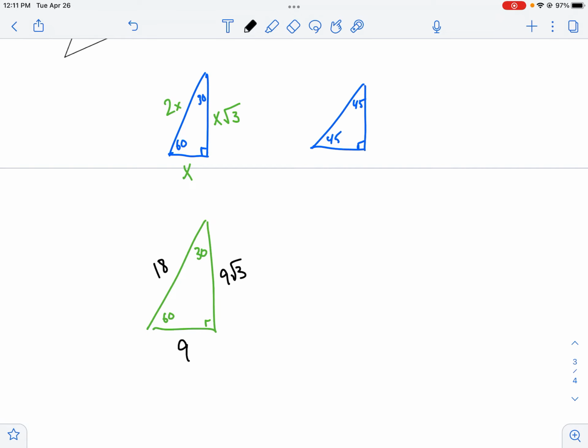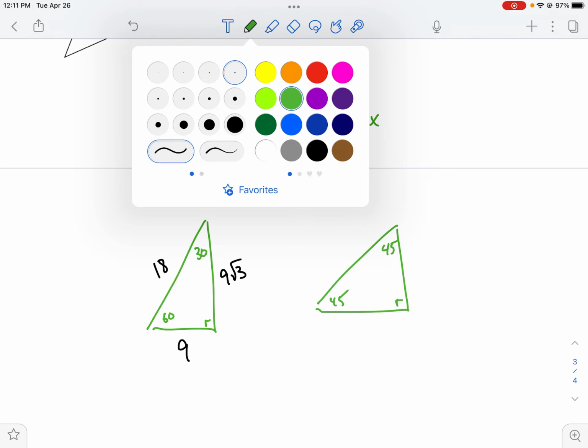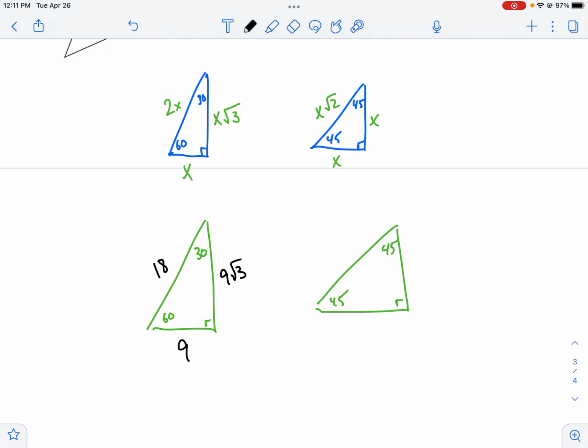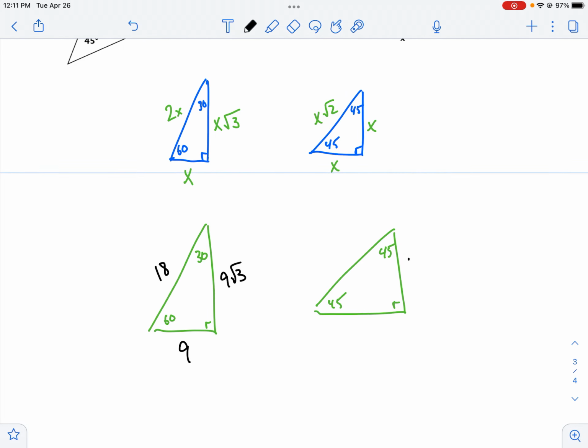With the 45, 45, 90, we have some similar relationships there as well. We call this side x, then we would call this side x, and we would call this x square roots of 2, and that one's a little bit more straightforward. So once again, let's make a slightly better drawing here. I'm trying to hustle because a lot of you are going to come back to class in a minute. If we did 45, 45, 90, and I called this side, let's go crazy here, 14 square roots of 3, right?